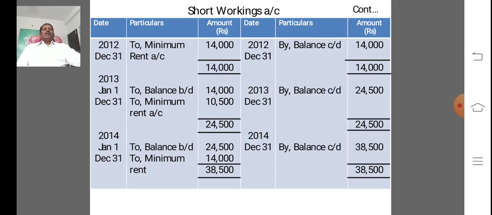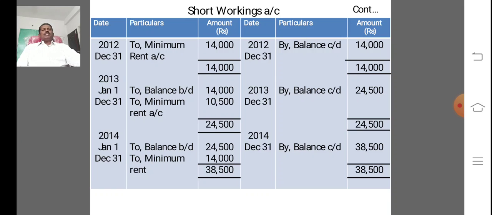This year short workings is 10,500, total 24,500, and on the credit side balance carried down, the balancing figure 24,500, is the total short workings in the year 2013. 24,500 is brought down to next year, January, balance brought down 24,500.